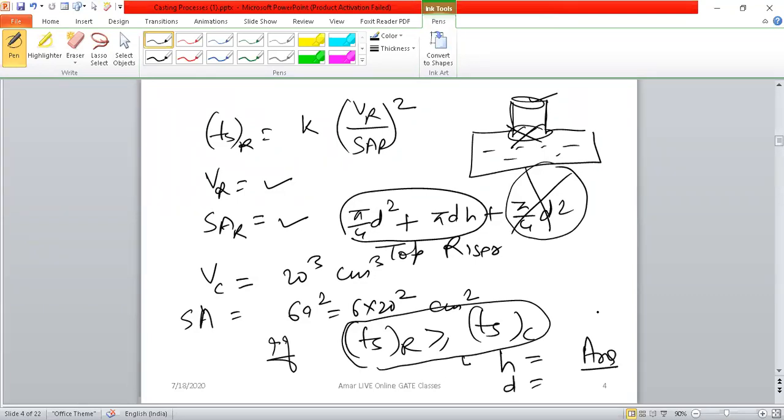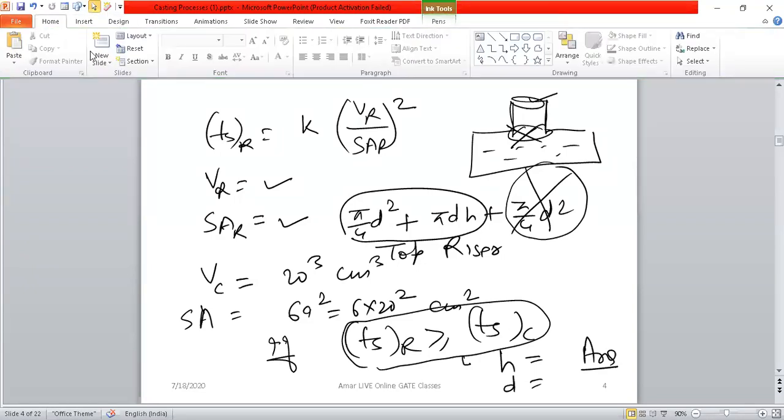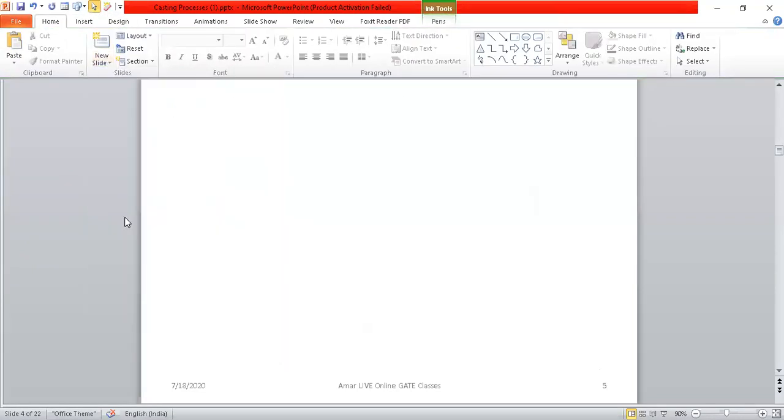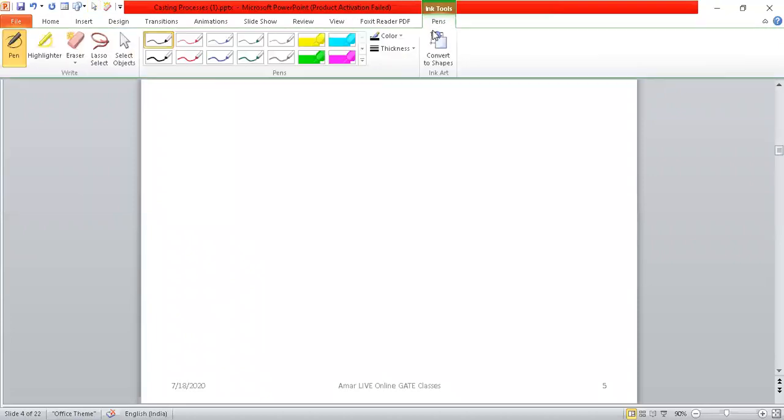Your riser diameter and height, which you calculated and estimated from the shrink volume, are not true. So now again you have to start from the beginning. What is the beginning? Now you have to assume some H and D, H equal to D by 2.